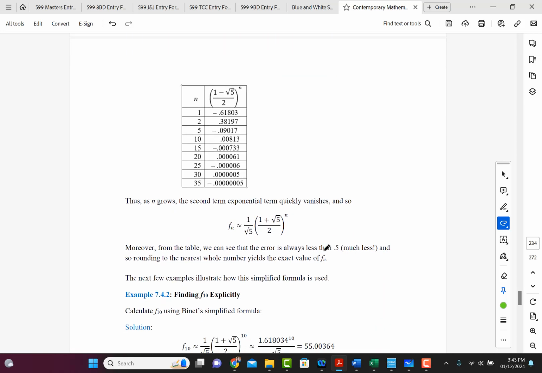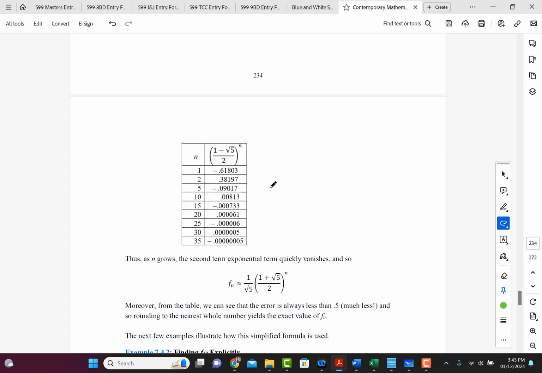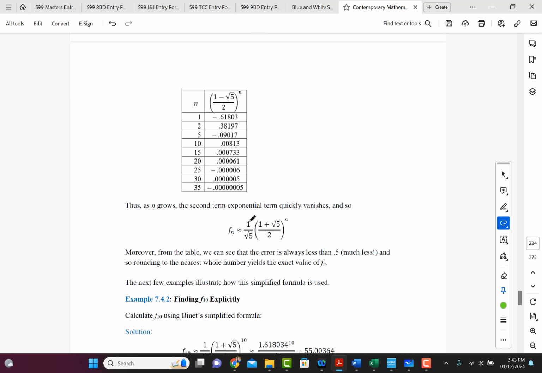So as n grows, the second term is vanishing. And so f sub n approximately equals this.